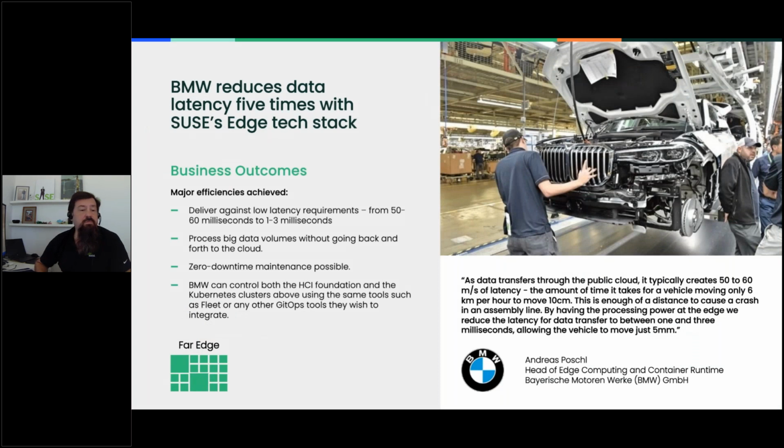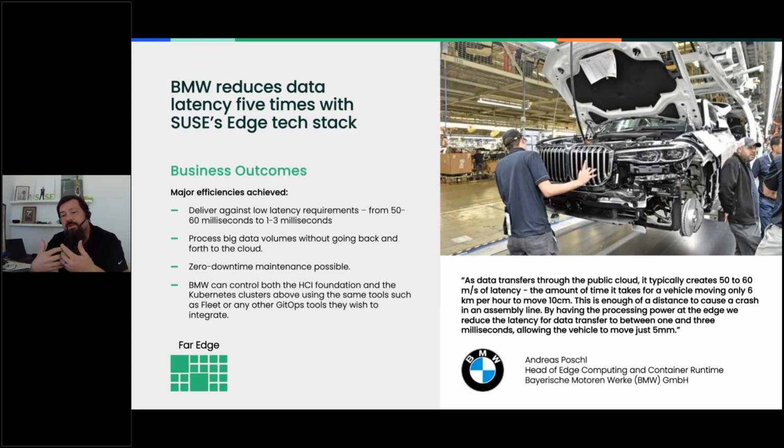And then BMW, another car company where they are using it in their manufacturing. And they're using our solution set, and this is really that far edge. So that middle ground, we're a ways away from the data center, but we still have networking. We still have the ability to manage these devices. But something that we're achieving here is that zero downtime and zero downtime maintenance. So zero downtime is awesome, but if you can't maintain the environment, it doesn't do you a lot of good, because you need that security component.